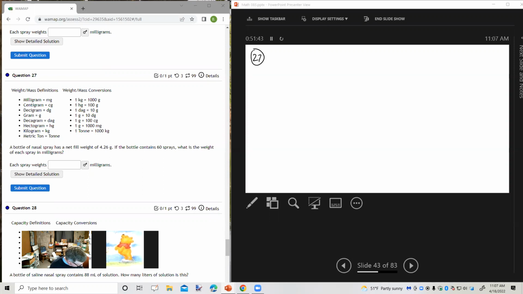We're going to say that it has a net fill weight of 5.1 grams.